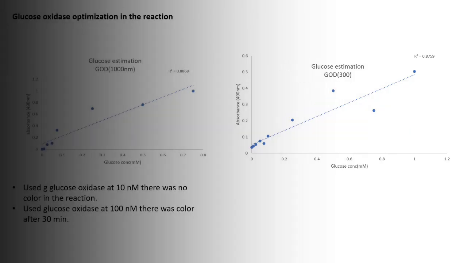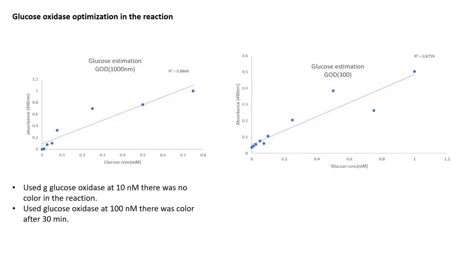Moving on to further optimization steps, we attempted to optimize the glucose oxidase enzyme in the reaction. We found that the concentration of glucose oxidase at 300 nanomolar is optimal. Previously we were using 1000 nanomolar. We conducted the reaction using glucose oxidase at 10 nanomolar. There was no color in the reaction.